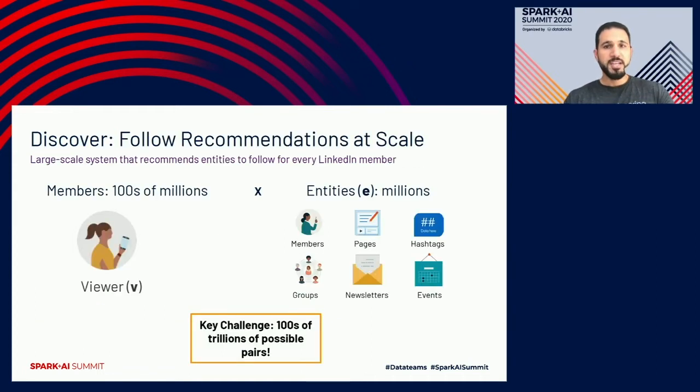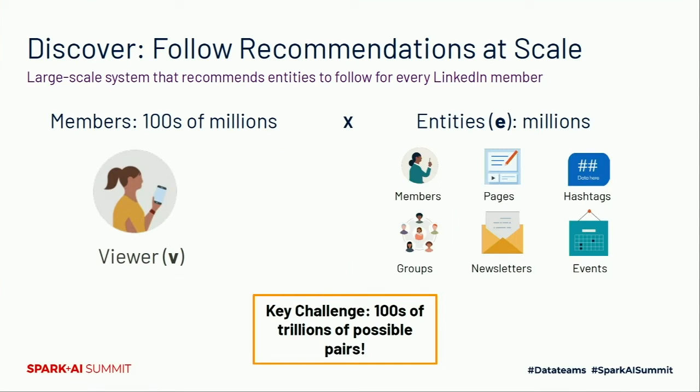So the follow recommendation system recommends entities, which can be members or audience builders, pages like company pages, events, hashtags, newsletters, groups, to our members or the viewers of those recommendations.